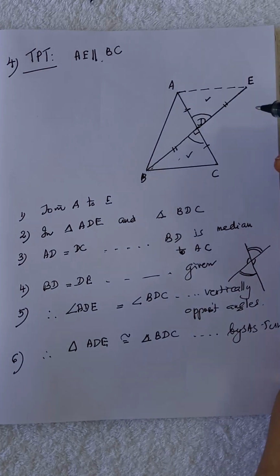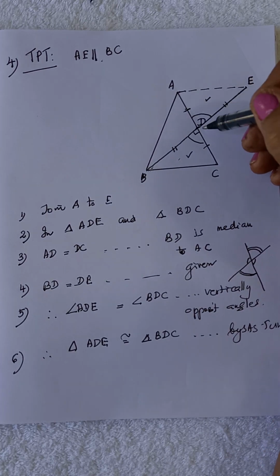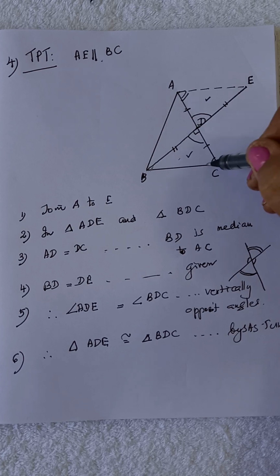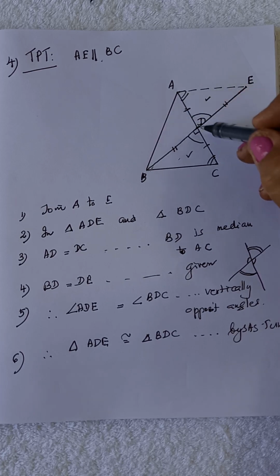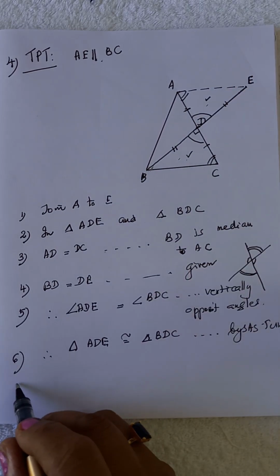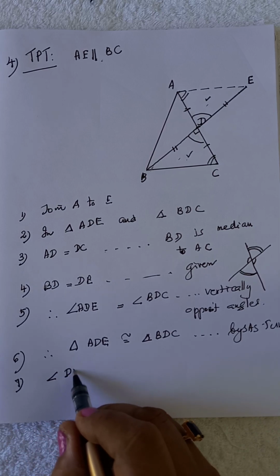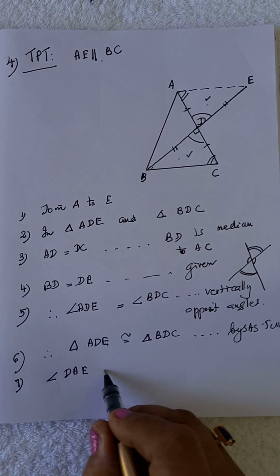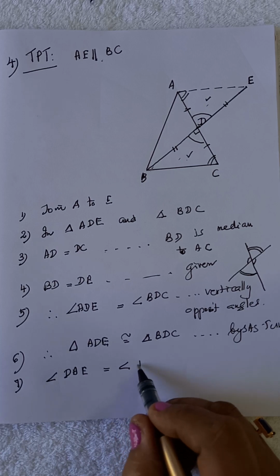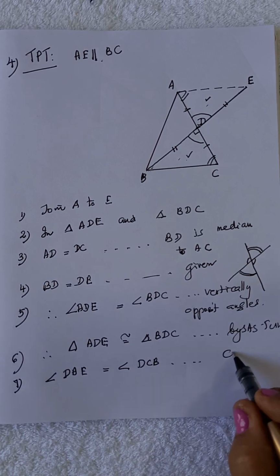So what about these two angles DAE and DCB? These two are corresponding angles of these two congruent triangles. So they are also equal. So we can write as seventh point, angle DAE is equal to angle DCB by CPCTC.